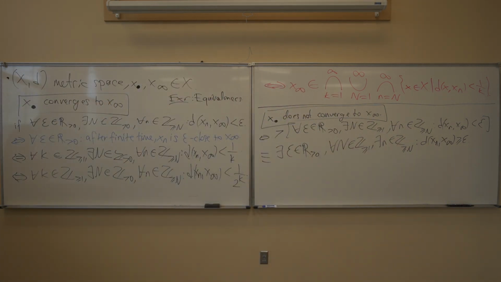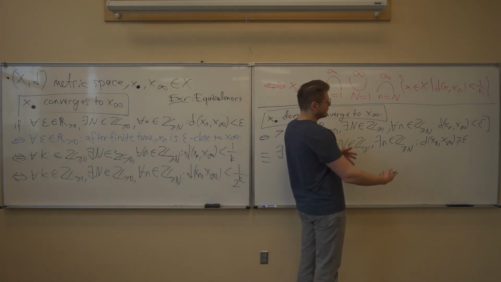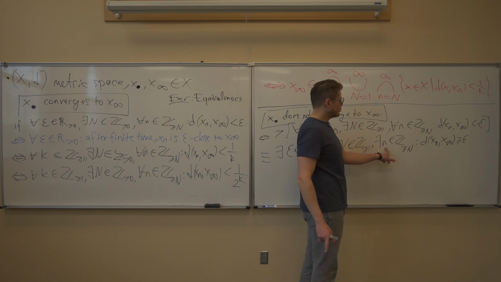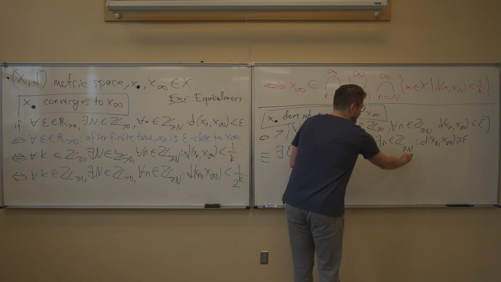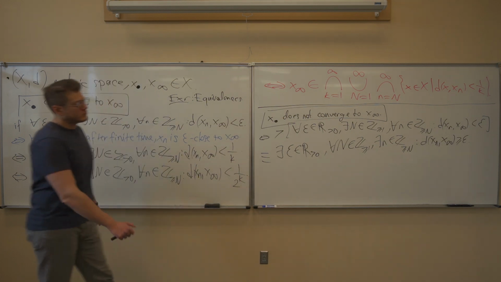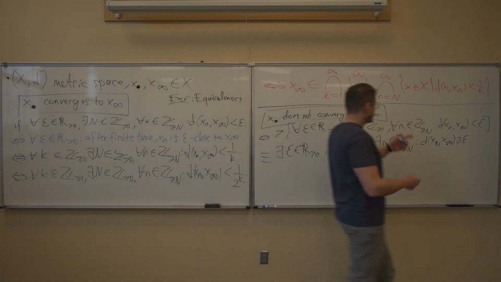Now, perhaps toward the end of today, we're going to talk about something called a subsequence of a sequence. And using that terminology, you can also say it like this. For any capital N, there's a lowercase n, so instead of writing it like this, you say, there's an epsilon such that some subsequence of x bullet is farther than epsilon from the target.